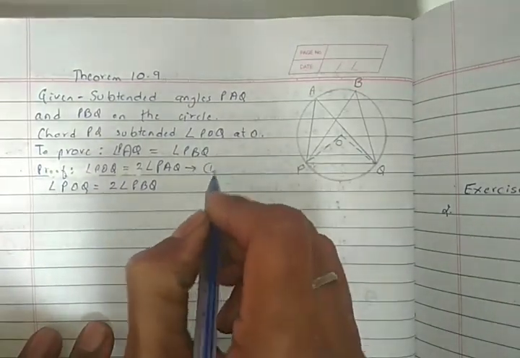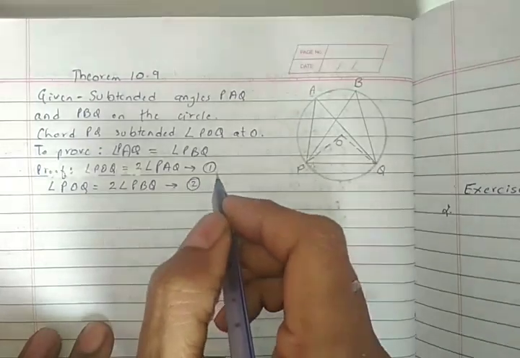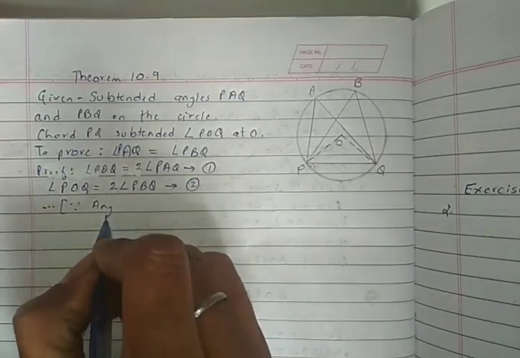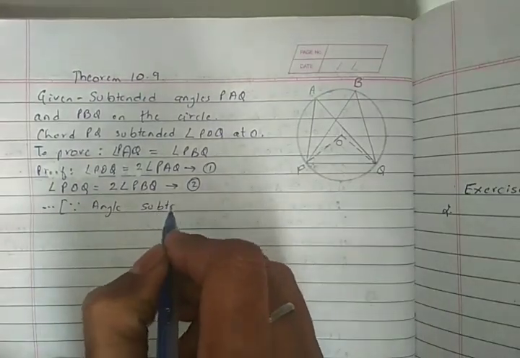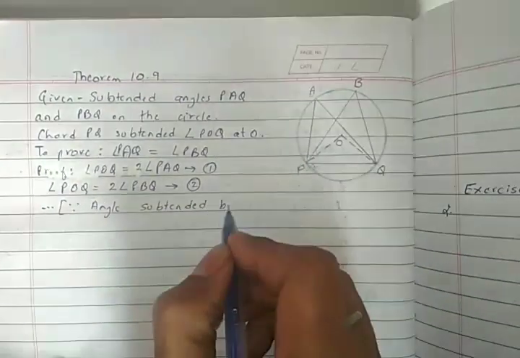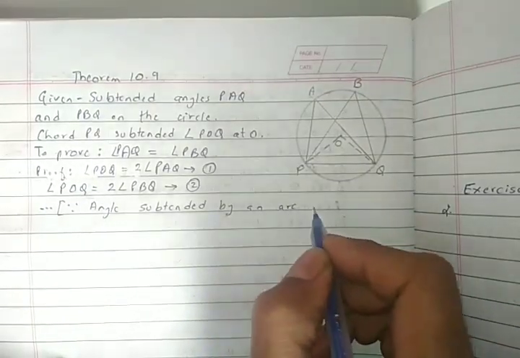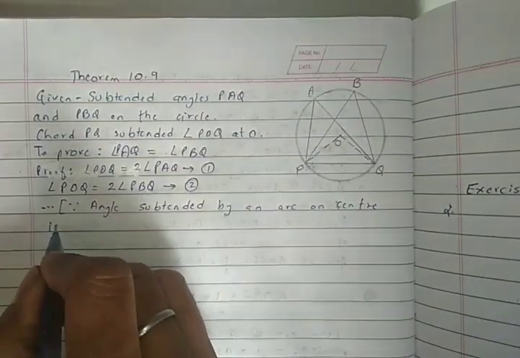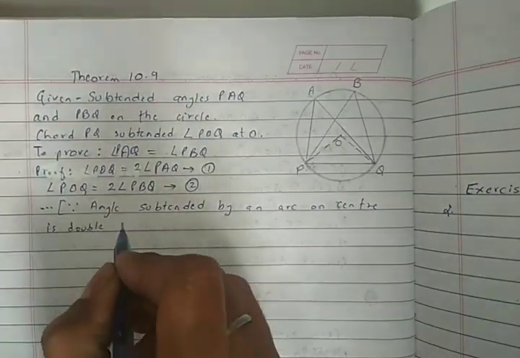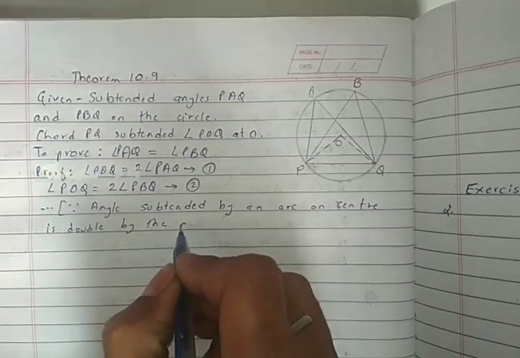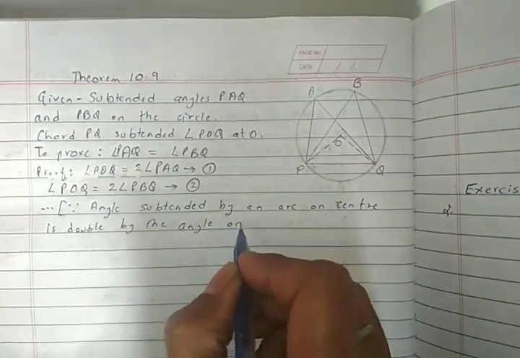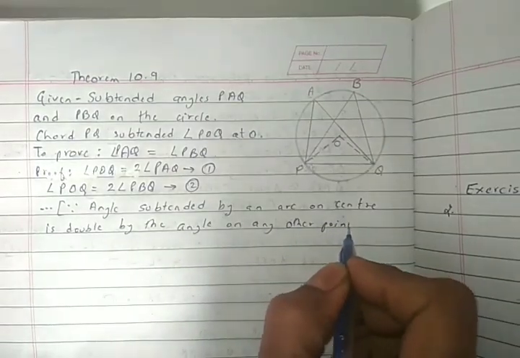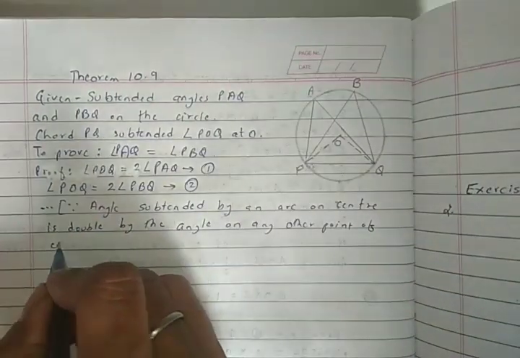First we'll name this as equation 1 and we'll name this as equation 2, and we will give the reason because angle subtended by an arc on center is double by the angle on any other point of circle.